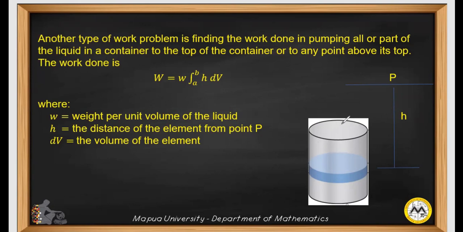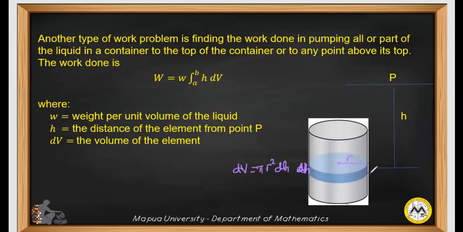So that if we have a container here and this is the element, of course the element is in the form of a disk. Therefore, to get the differential volume, since this is circular, and this is the radius, the thickness is, let us say, the differential of H. So the volume is equal to pi r squared times the thickness.